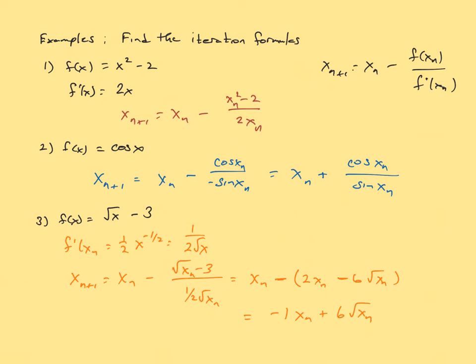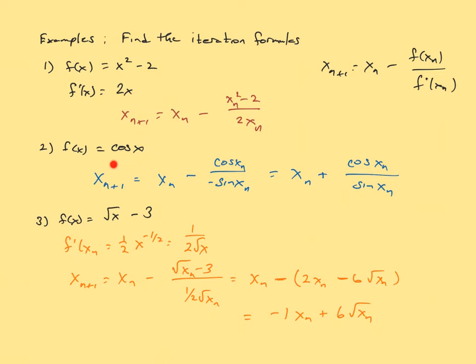Okay, welcome back. The first thing I want you to recognize is that I forgot the n's on those, so those should be there too. Number 2: remember you're taking the derivative of cosine of x.